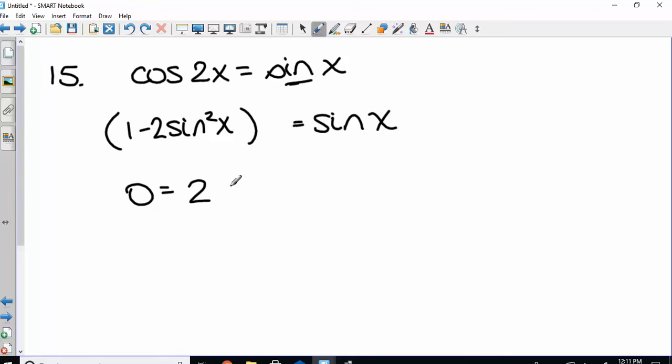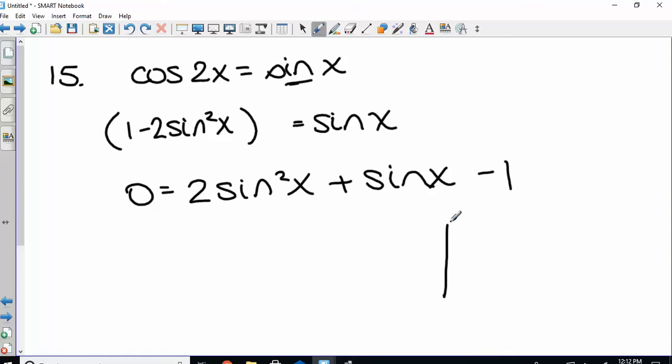So that would be a 2 sine squared x plus sine x, and then we need to subtract our 1. Again, it's not a 1 sine squared. 2 sine squared means we have to do the full box method.